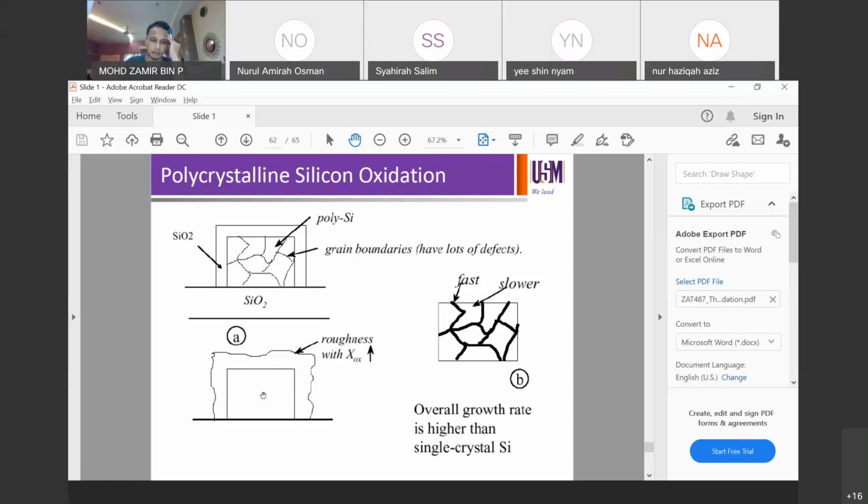This is the interface of silicon and the oxide, and the silicon is consumed of course, and then you're going to end up with oxide that is quite rough on the surface. So this is owing to the different growth rate within the polycrystalline silicon. You won't see this on monocrystalline silicon because the growth rate will be exactly the same throughout the area.